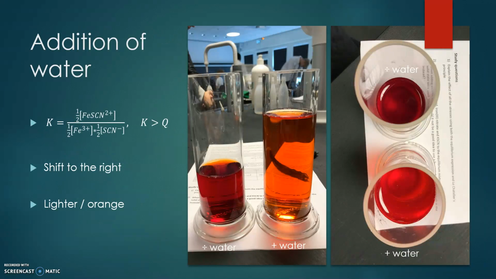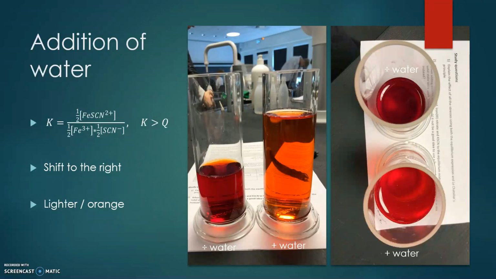Then we had another small experiment after the ones with the test tubes. We poured the remaining equilibrium mixture into two cylinders, as shown in the pictures, and in one cylinder we doubled the volume by adding water.